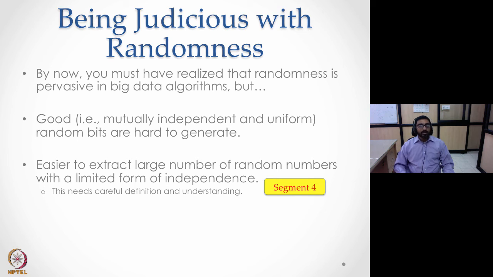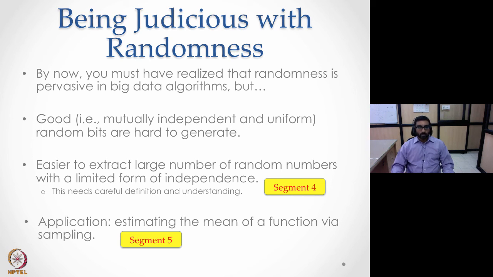And then it's not of much value if you just know how to generate them but don't know how to apply them, right? So what we will do is then we will apply these random bits that have this limited form of independence to an application which is that of estimating the mean of a function via sampling.